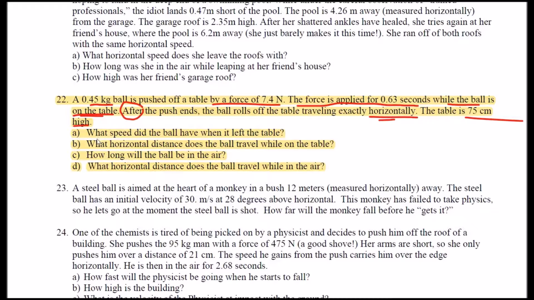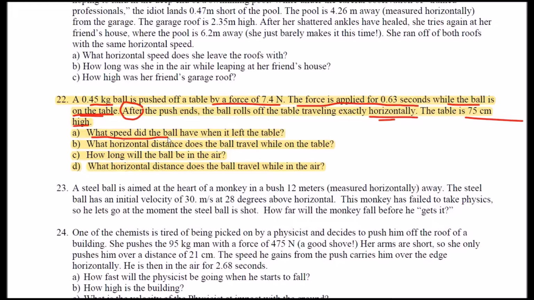So this first question that's asked, what speed did the ball have when it left the table? This is really the important thing that ties the trajectory problem to the force problem. This is that velocity that is the end of the first interval and becomes the beginning of the second interval.